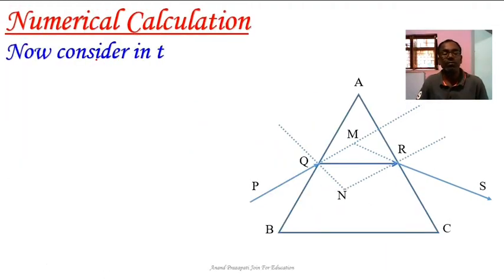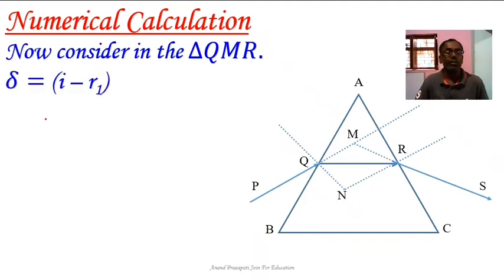Now consider in the triangle QMR, let's see the angle of deviation or delta.